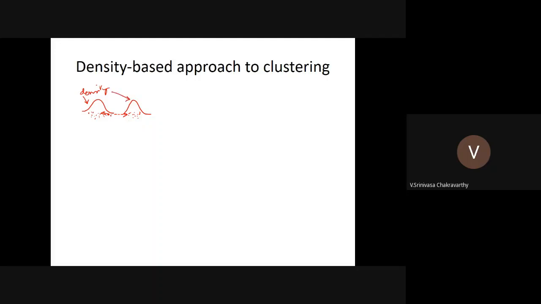So one intuitive idea here is that in density-based clustering, clusters are high density regions. Intuitively, are you okay with that idea? Because wherever you have a cluster, the local density is high. What is density?